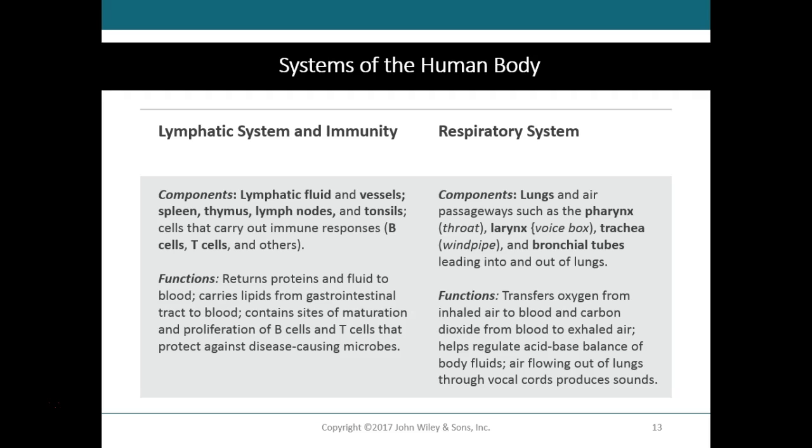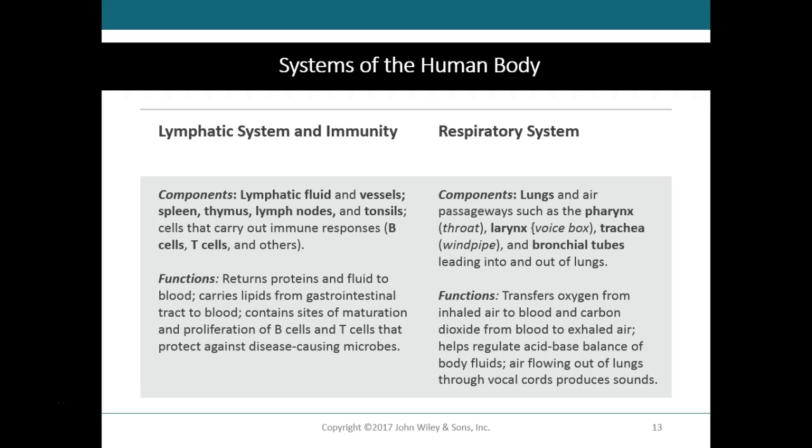So you've got large groups of immune system cells that are found in these organs. And those immune system cells are basically the army that fights for your body to make sure that invaders, pathogens, disease-causing bacteria and viruses don't get in and make you sick.